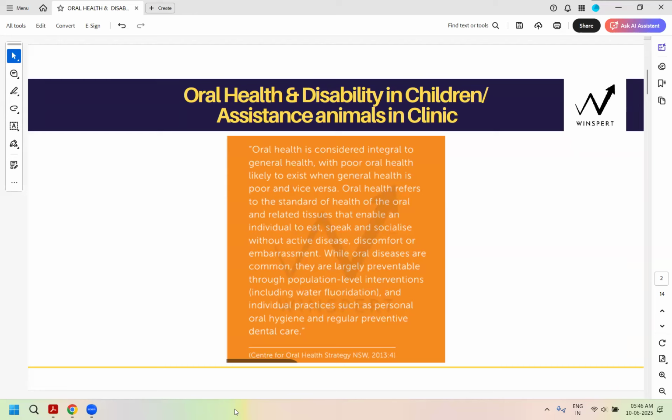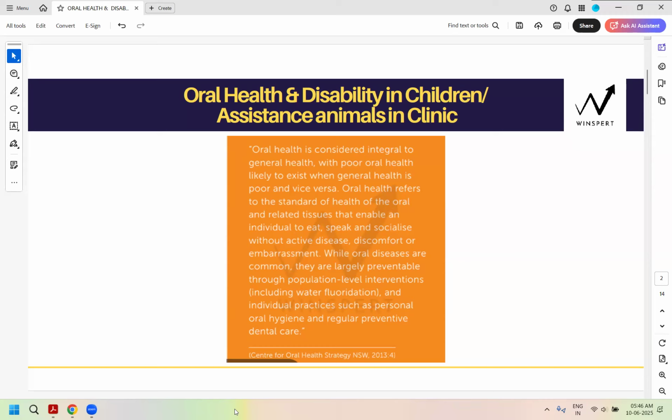Mild to moderate disabilities can be handled in the general dental clinic, although there are certain protocols around it which you must apply when you're handling such patients, whether it's behavior management, when you have to plan their appointment, what kind of consents you would be requiring, emergency treatment, and the detailed treatment plan. All of these require some protocol, but yet can be handled by a general dentist in general dental clinics.